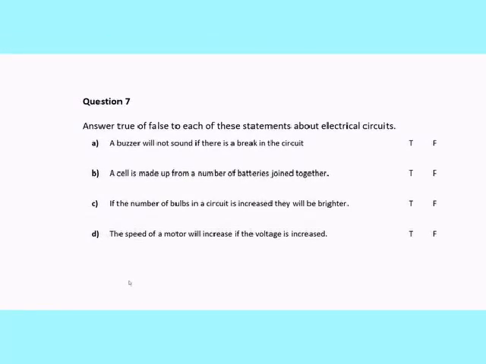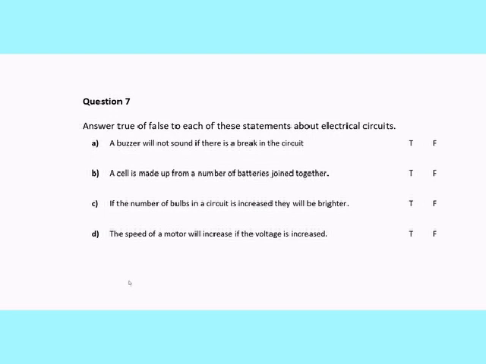Question 7. Answer true or false to each of these statements about electrical circuits. A. A buzzer will not sound if there is a break in the circuit. True or false? B. A cell is made up from a number of batteries joined together. True or false?